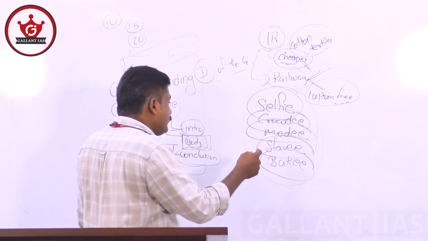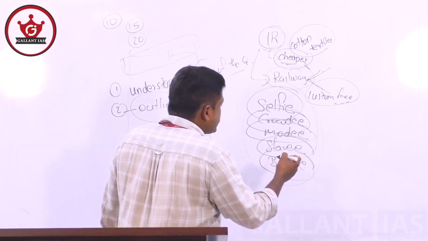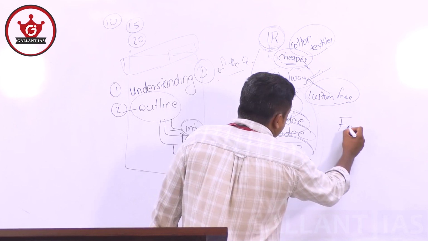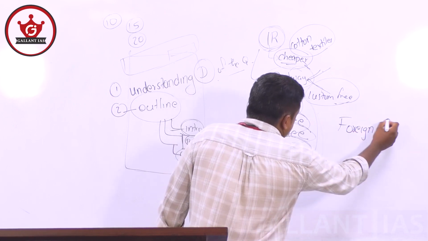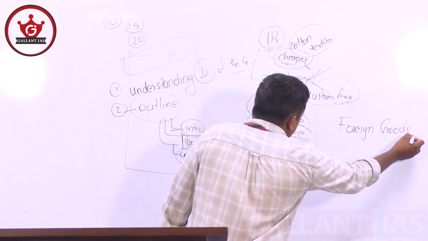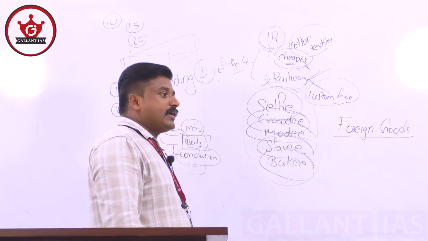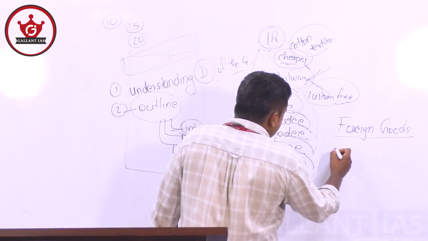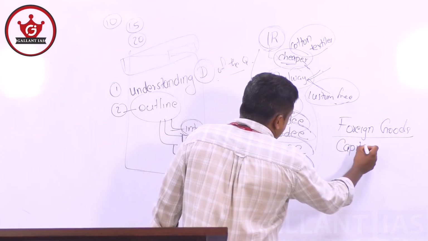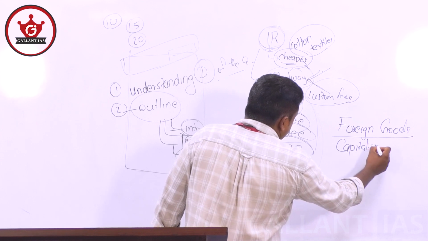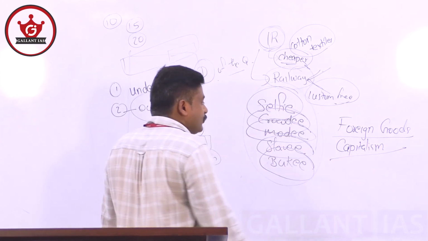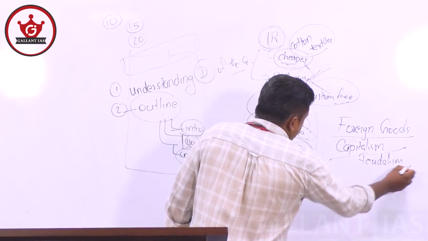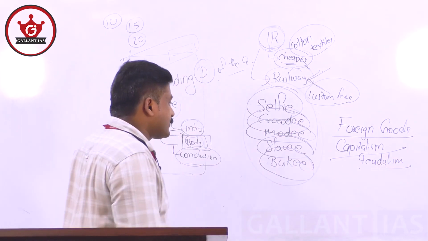On the other hand, we have some positive aspects also. For example, in Indian markets, foreign goods were introduced, so both domestic and foreign goods were available here. There was again the launch of capitalism, the end of feudalism. The end of feudal markets and the start of capitalism.